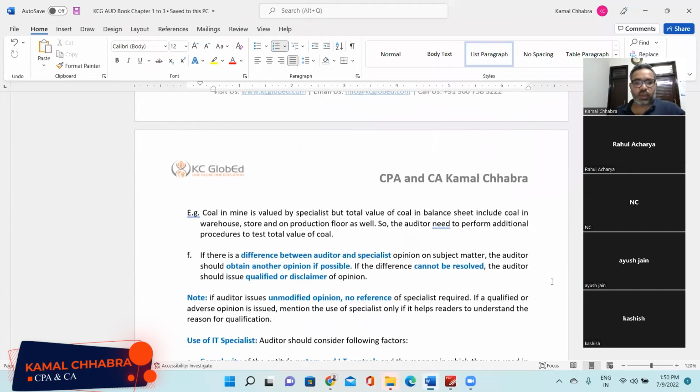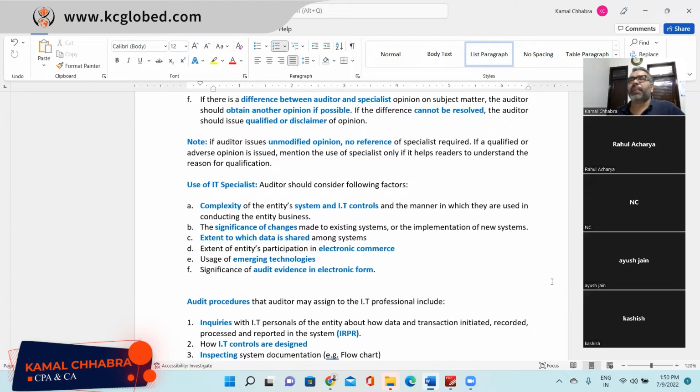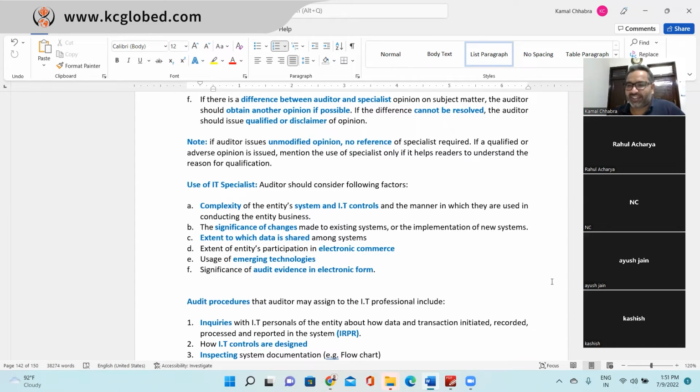Okay. So if there is a difference between the auditor and the specialist opinion in the subject matter, the auditor should obtain another opinion if possible. For example, management has involved a lawyer and he is dealing with that case. Because he is dealing with that case, he will always say we will win the case. But you have previous experience that in these kinds of cases the company generally loses.